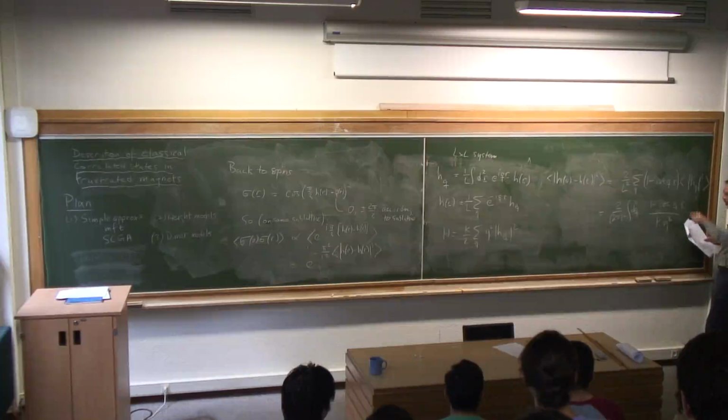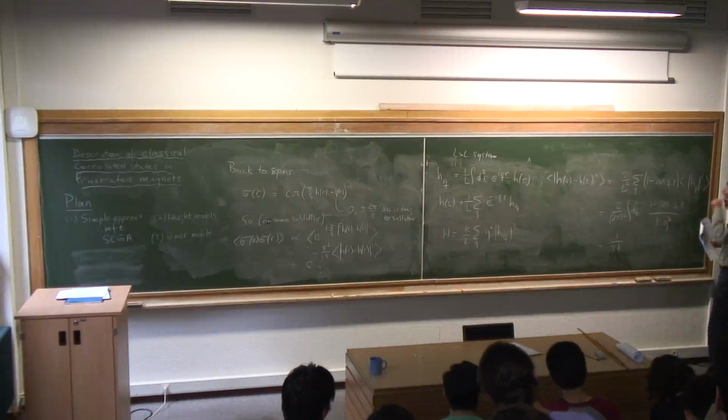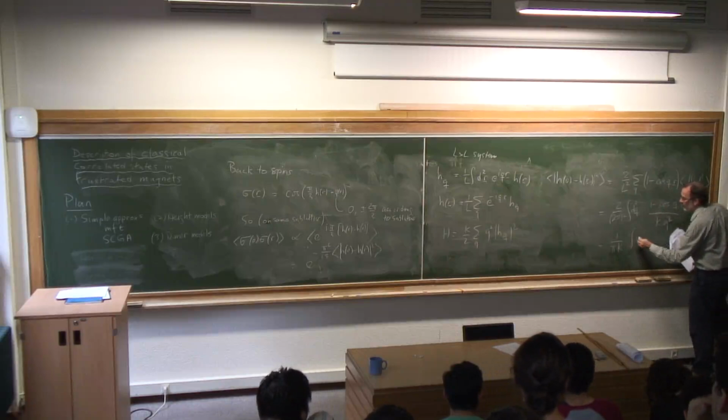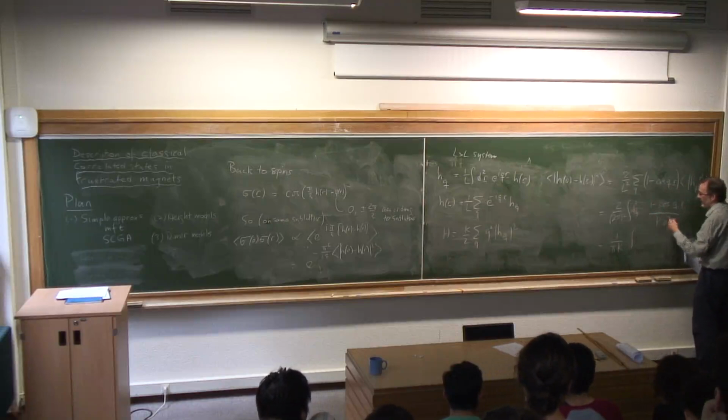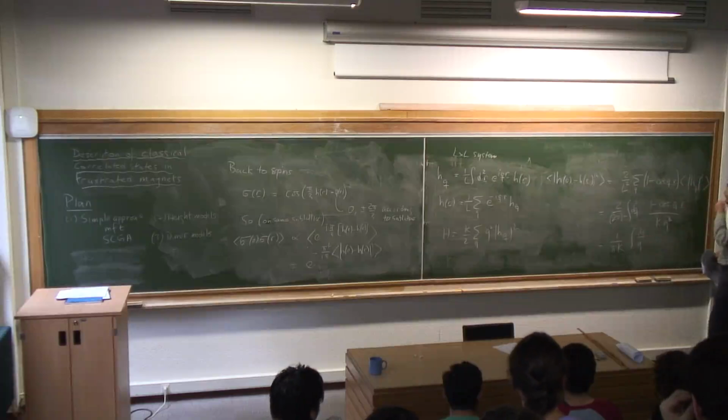And so the angular integral I can do and get a factor of 2 pi. So I have 1 over pi K, and then the radial integral, I have q dq, and that cancels 1 power of q, so I have dq over q.